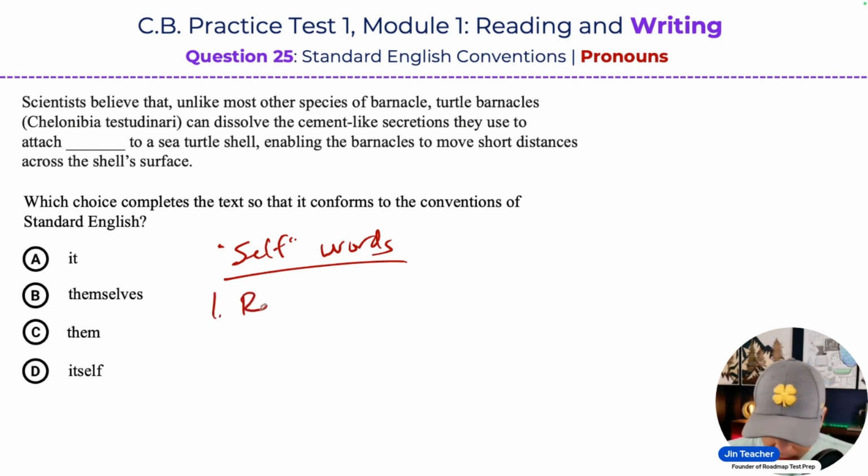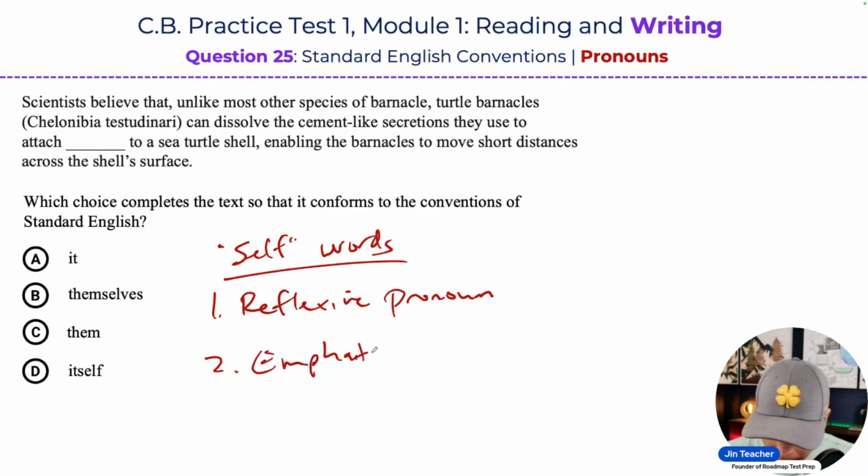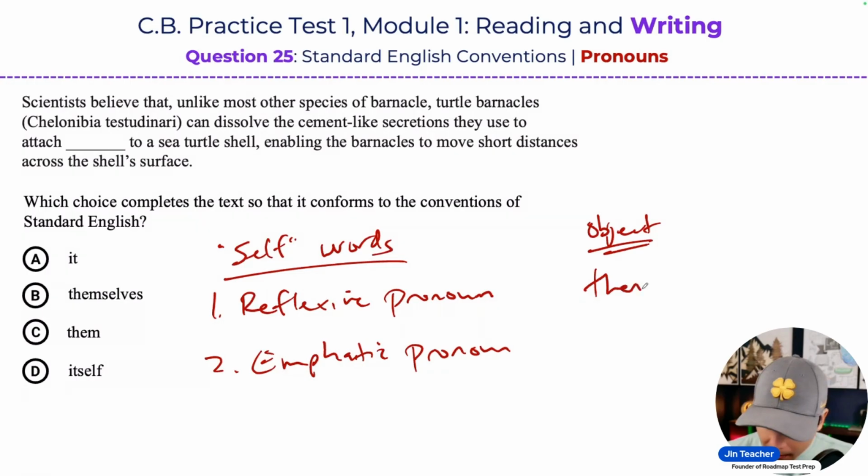One of those is what is known as a reflexive pronoun, and the other is known as an emphatic pronoun. And then them is just a regular object pronoun. It's just like saying, I cooked dinner for them. I gave the book to them. It's just a regular object type of pronoun that you guys are familiar with.